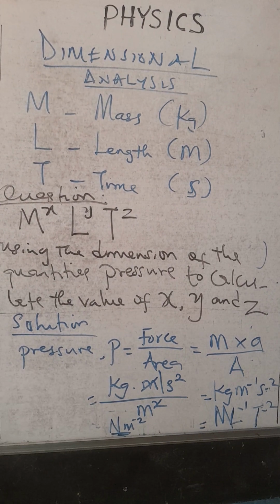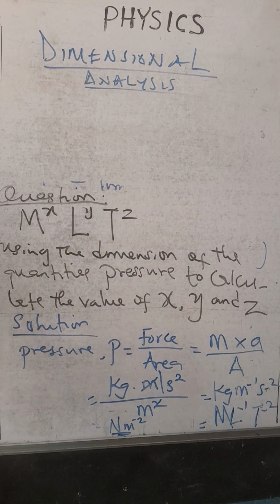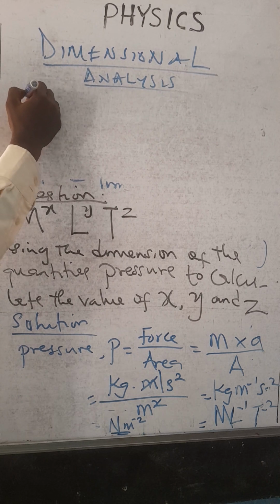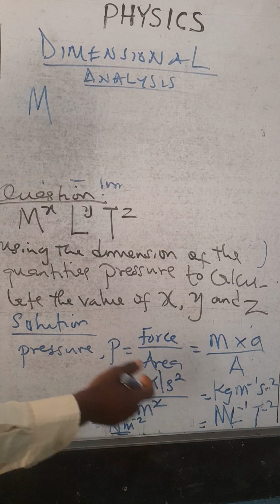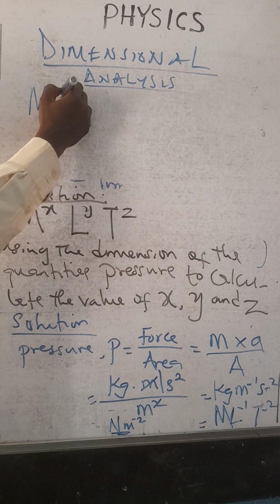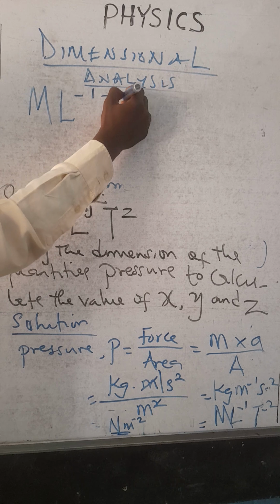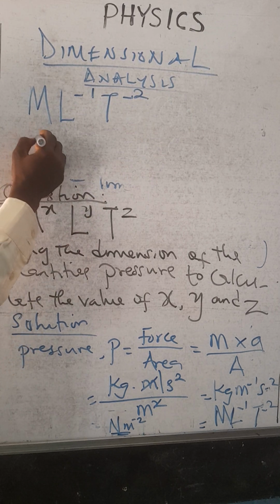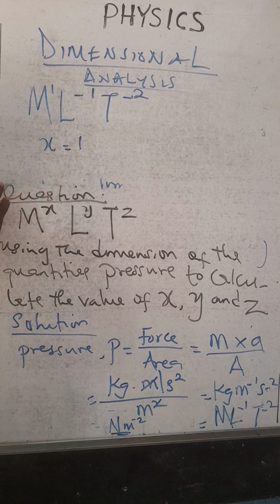Therefore, we say that the value of x, y, and z is, since we arrive at the dimensional analysis of pressure as M, L raised to power minus 1, T raised to power minus 2, and compare to x, our x will become 1, because the value here will be 1.